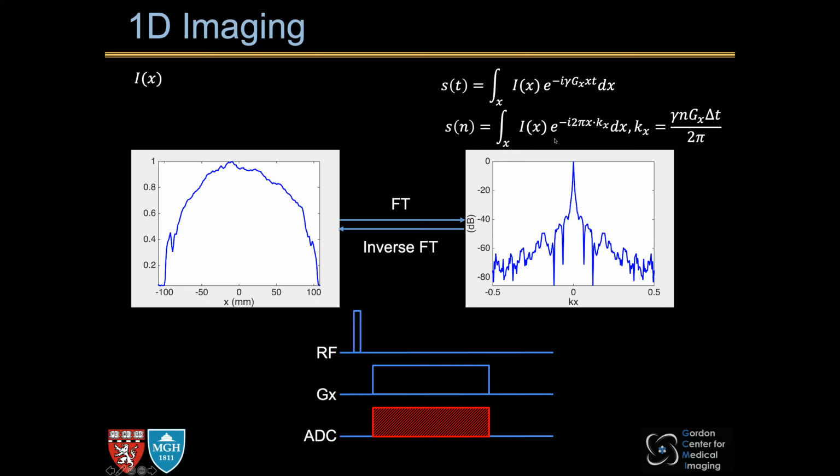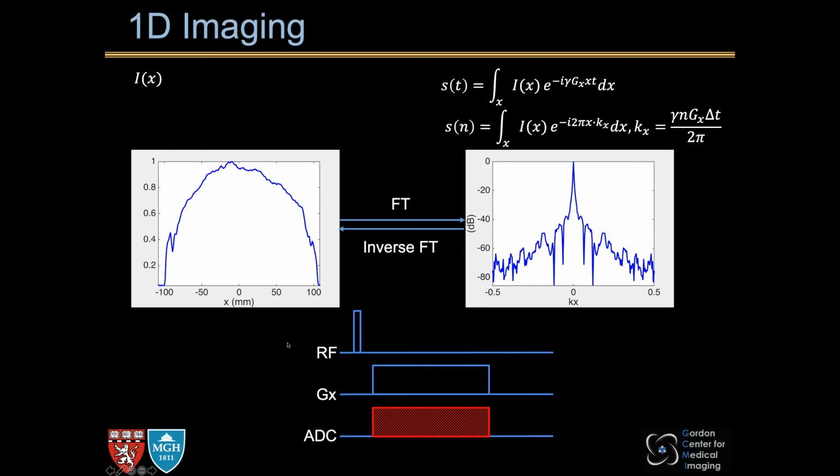And here we redefine another coordinate called kx, given like this. Here again gamma is the gyromagnetic ratio, N is the number of samples acquired at the ADC, Gx is the gradient strength, and T is the sampling period during this ADC.